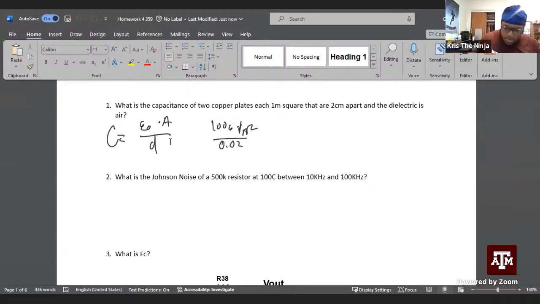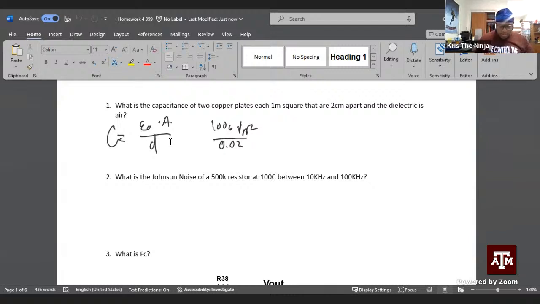Let me just double check: does the electrostatic constant account for conductivity? Okay, yeah, I think I'm good.